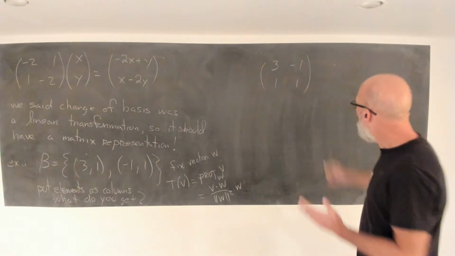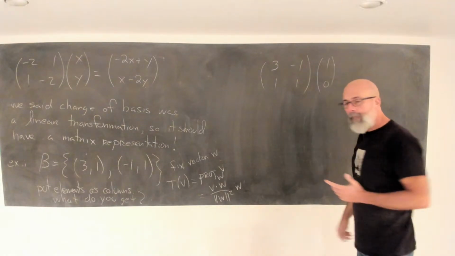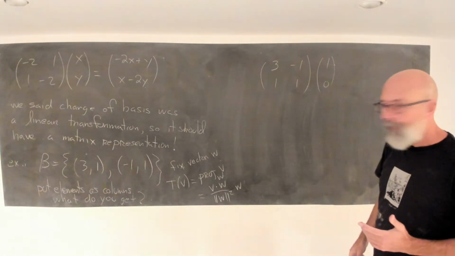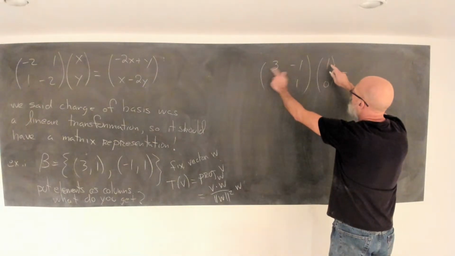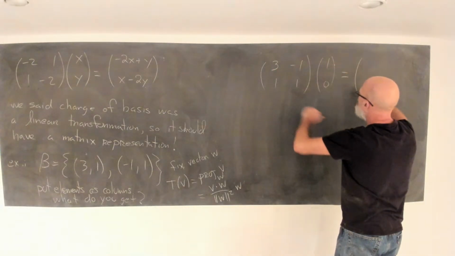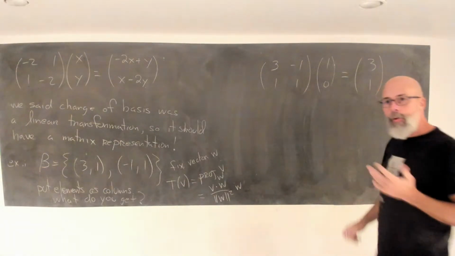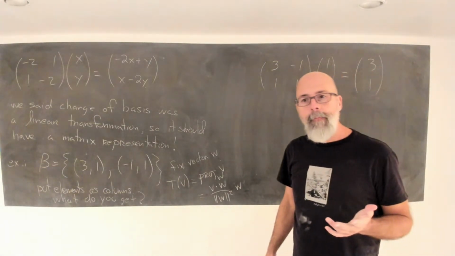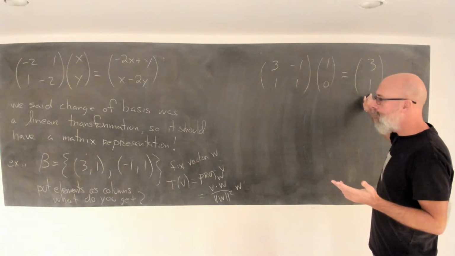Observe that if you multiply by the vector (1, 0), what do you get? You get the vector (3, 1). So multiplying by the vector (1, 0) gives you the vector (3, 1).